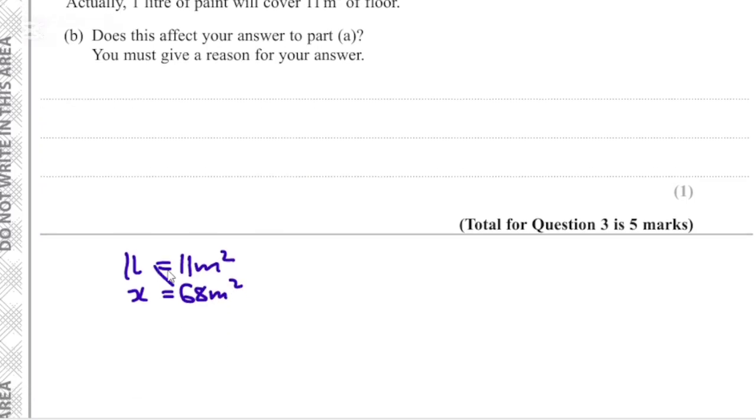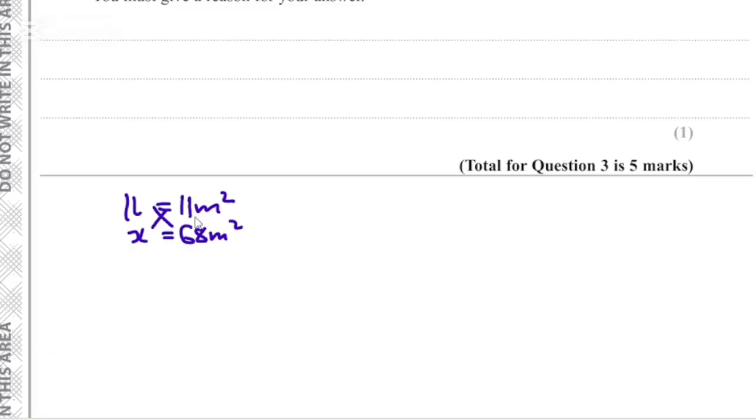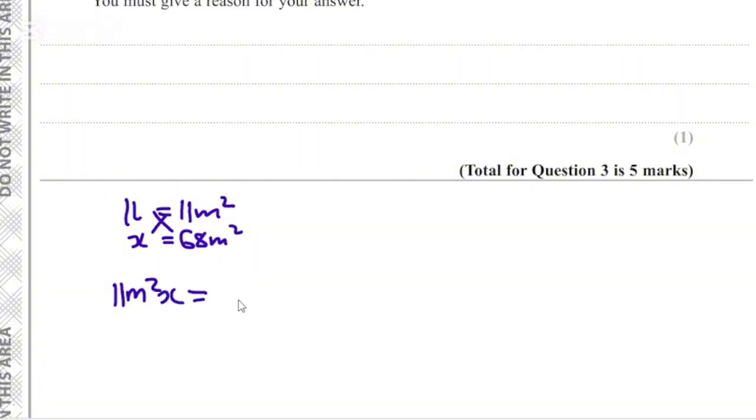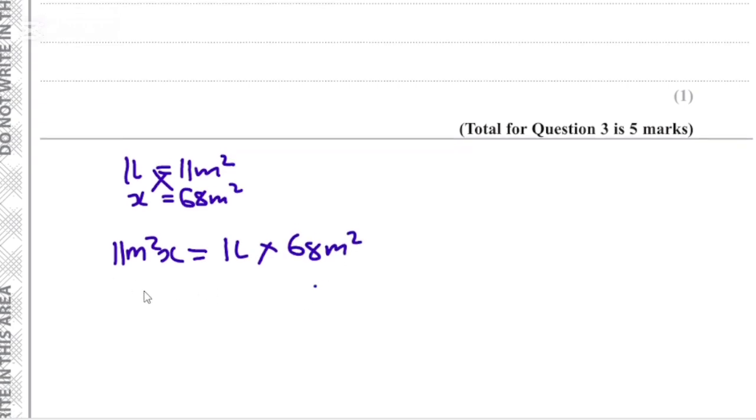So we cross multiply. So we have x times 11 square meters, we'll have 11 square meters x, all right, is equal to 1 liter times 68 square meters, all right? So we are looking for x. We are going to divide both sides by 11 square meters.